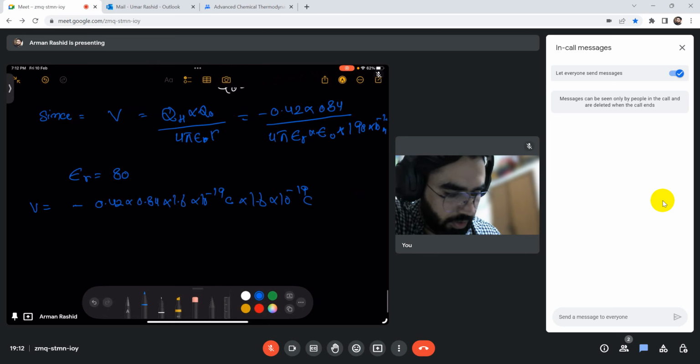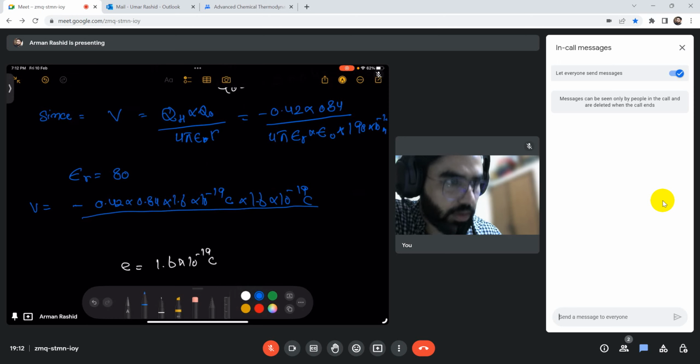Here I have used the electrical charge E, 1.6 × 10^-19 coulomb, because we need this equation in SI units.